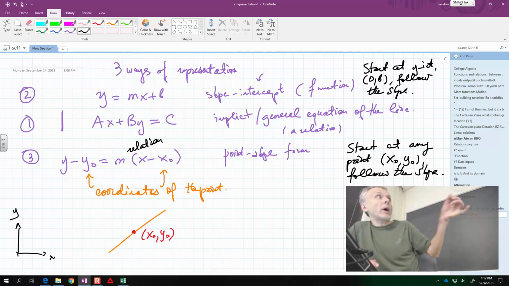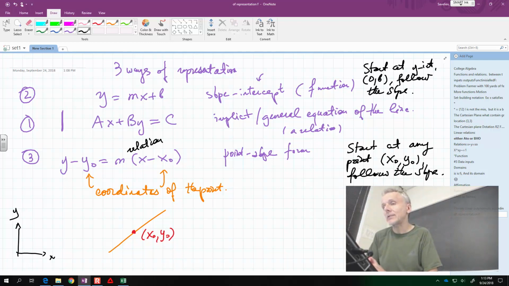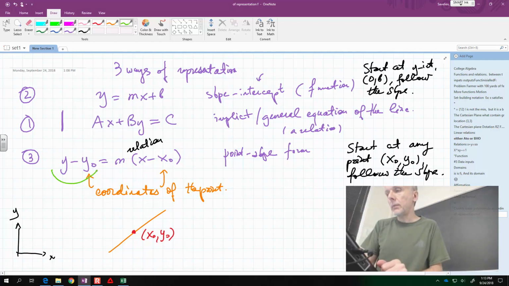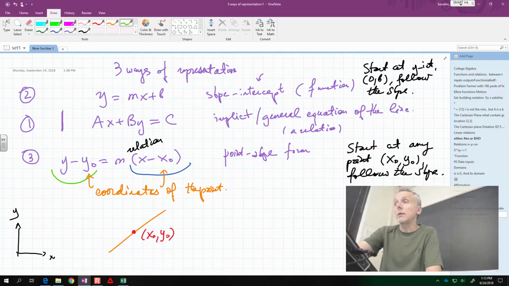So you have y minus y naught on the left and x minus x naught on the right. Okay, so once you see that, you realize the meaning of this versus the meaning of that. What are the meanings of these two expressions?